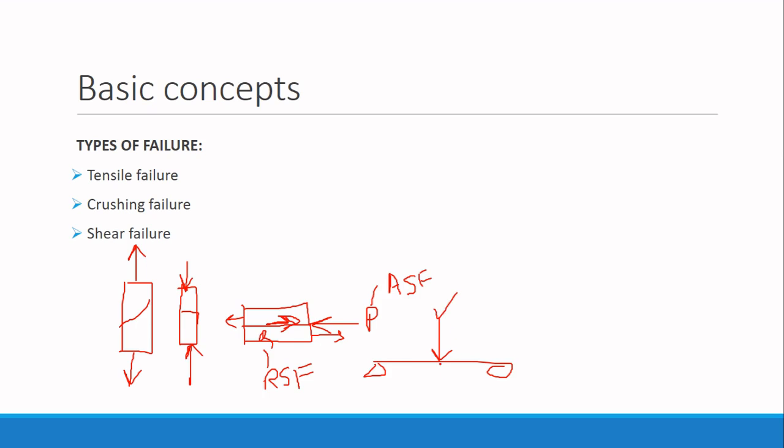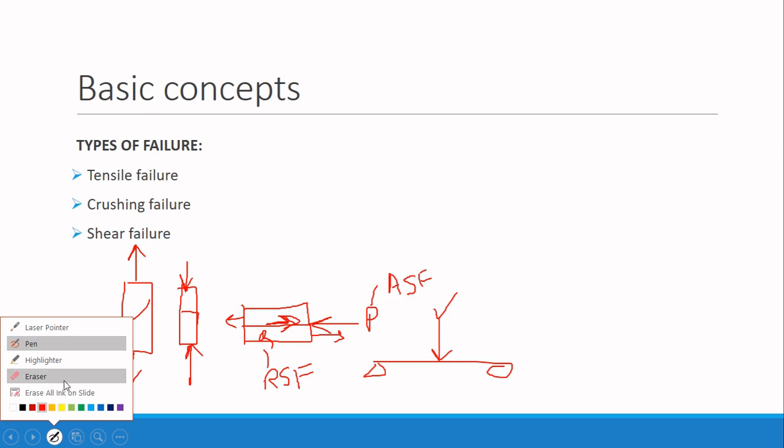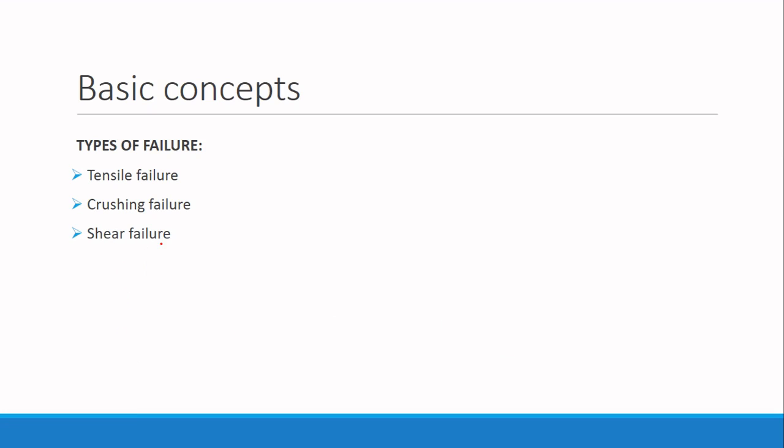So this is a very important point to be kept in mind. Now in soil, it is only the shear failure that is observed. There is no tensile or crushing failure taking place in soil. So it is only and only shear failure that is prominent in a soil mass.